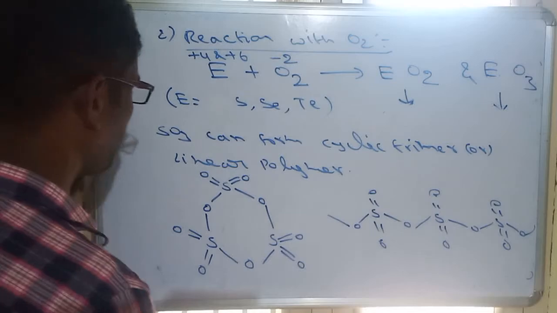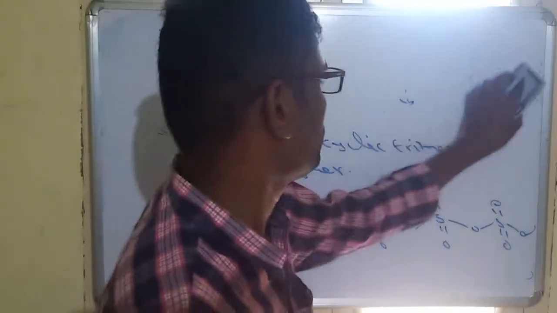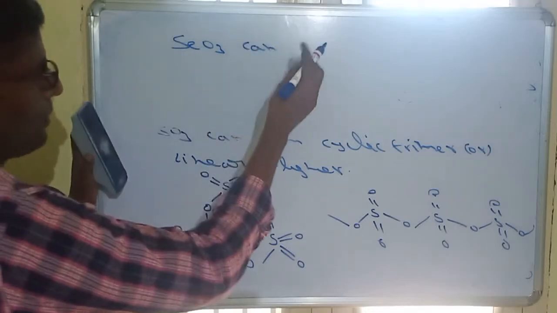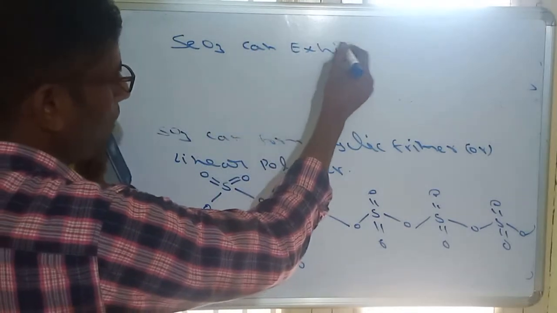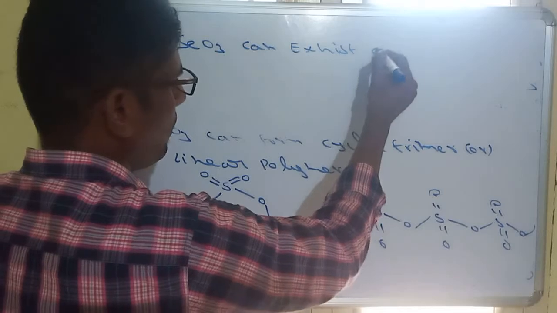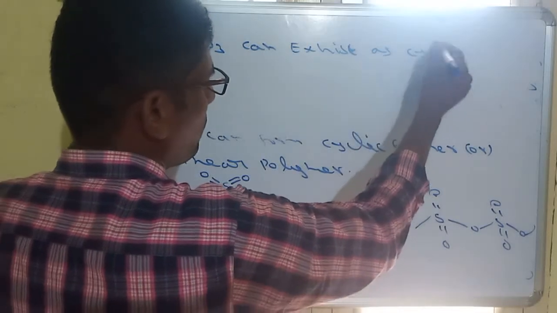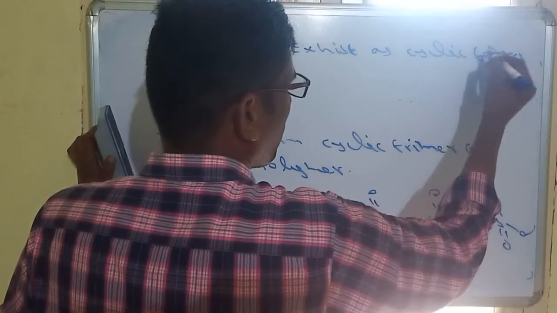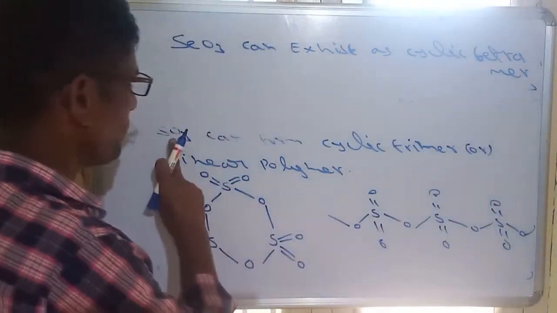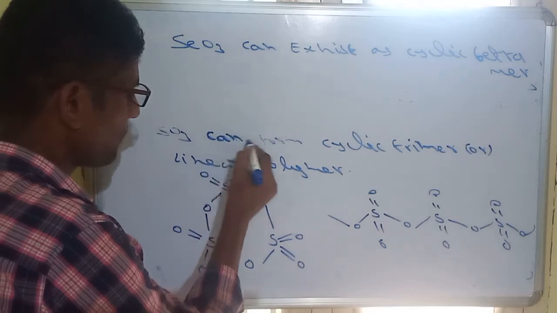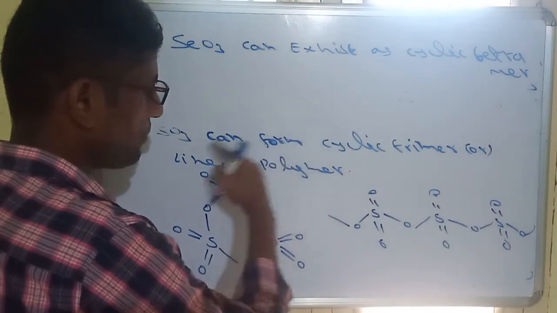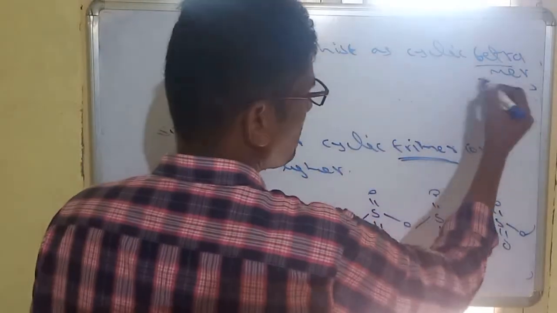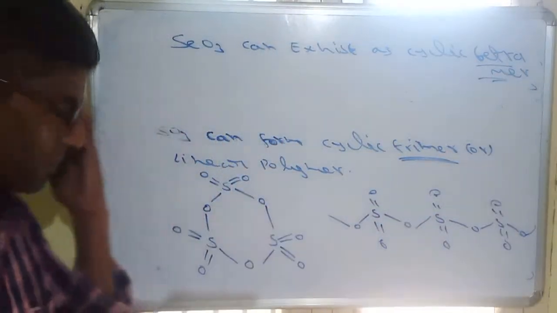Similarly, SeO3, selenium trioxide, can exist as a cyclic tetramer. So SO3 can exist as a trimer, whereas SeO3 can exist as a tetramer. Tetramer means 4 molecules.